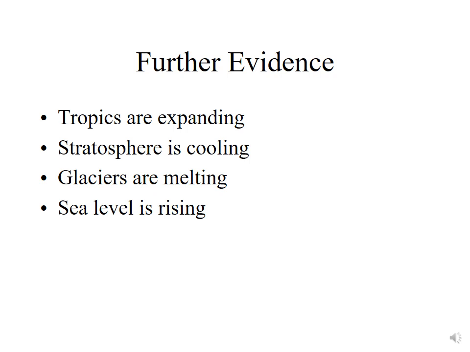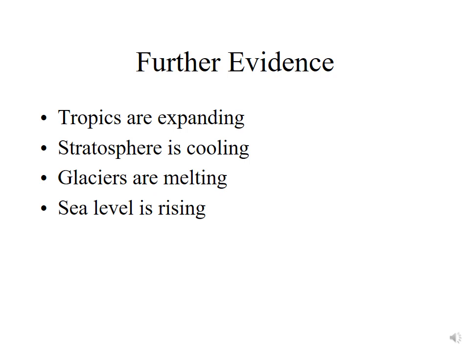Well, that transition region between the easterlies and the westerlies is moving away from the equator. And this was actually documented in a paper written by one of the faculty members at the University of Utah in the Atmospheric Sciences Department, Dr. Thomas Reichler.